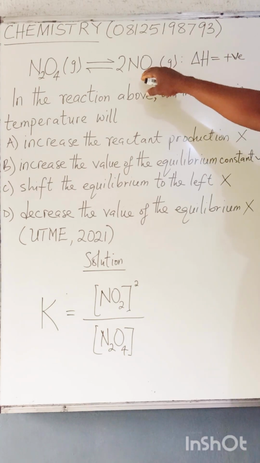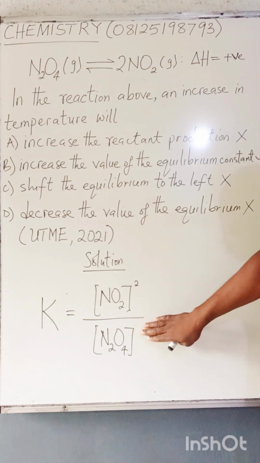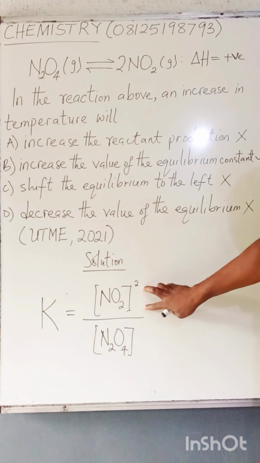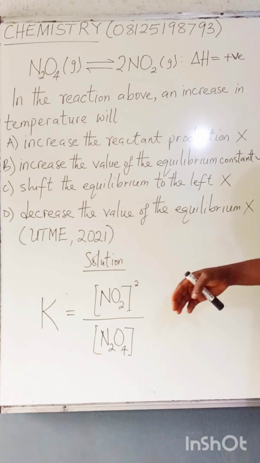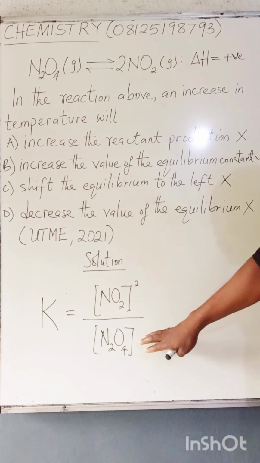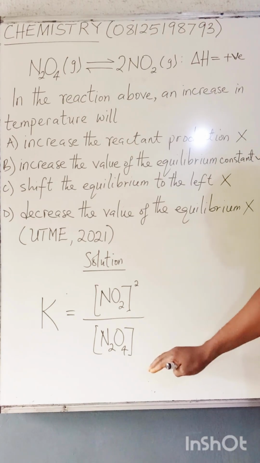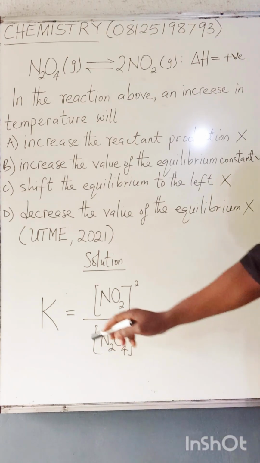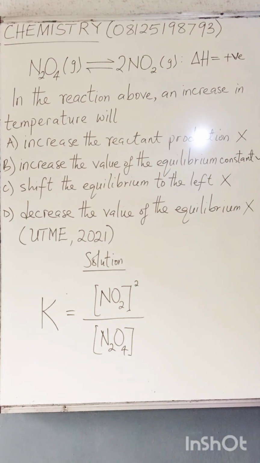And when it favors product formation, this expression of the equilibrium constant tells us that the value of K will be increased because the concentration of the product, which is the numerator, is going to go up, and then the concentration of the reactant will be going down, making the value of the equilibrium constant increase. Therefore, option B is the correct option.